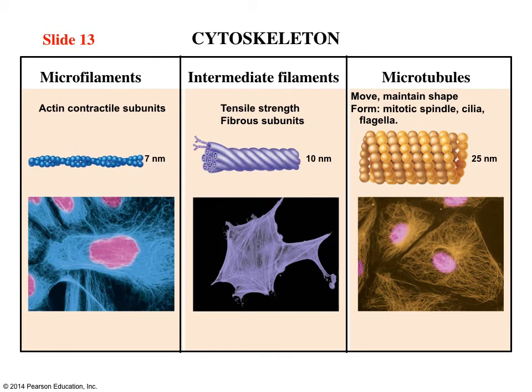An example would be actin. If you have taken physiology before or any muscle studies, you know that actin is a contractile type of protein. And then finally, we have intermediate filaments, intermediate in size between microtubules and microfilaments. Intermediate filaments provide tensile strength for the cell.